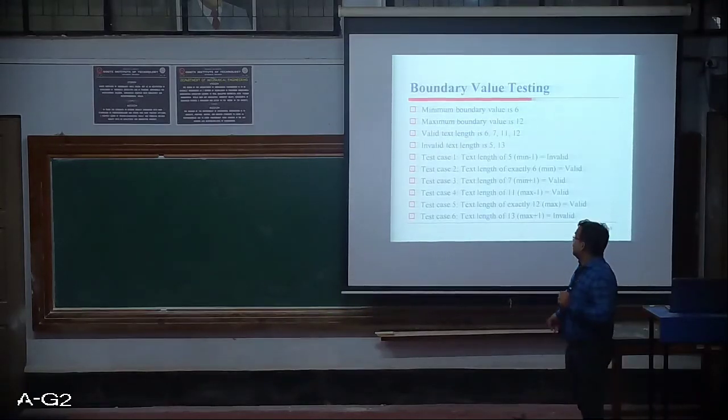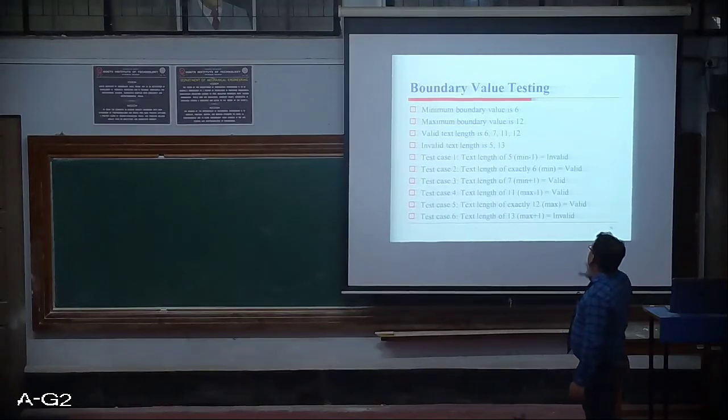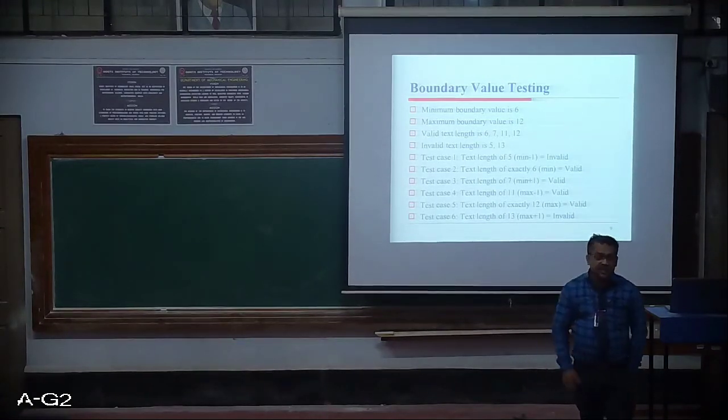So the test case generation will be something like this. We'll have the minimum boundary value 6 and maximum boundary value 12, that we have already discussed. Test case 1 is a text length of 5, that is invalid, 1 less than the minimum. Then comes the text length of exactly 6, that is the boundary, the minimum.